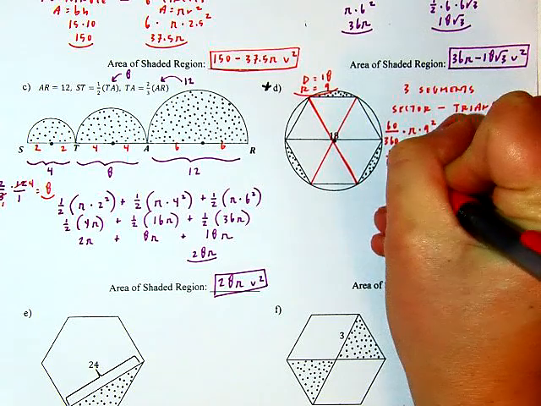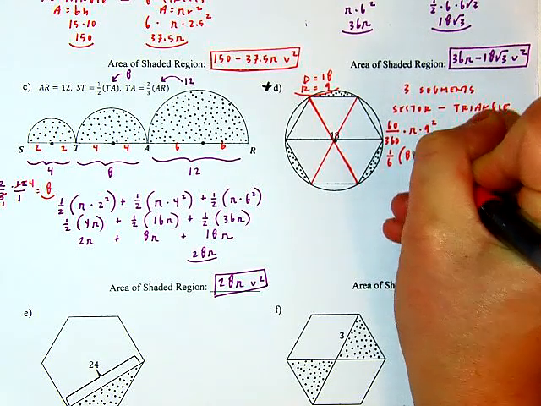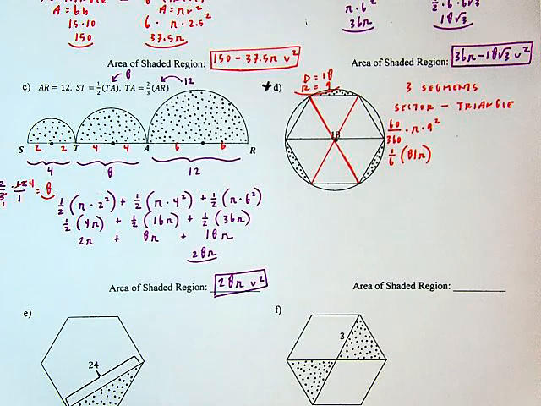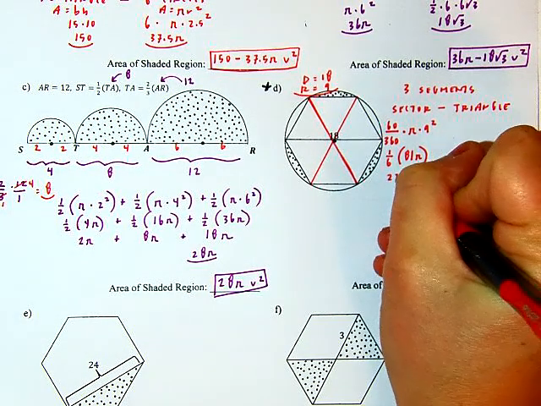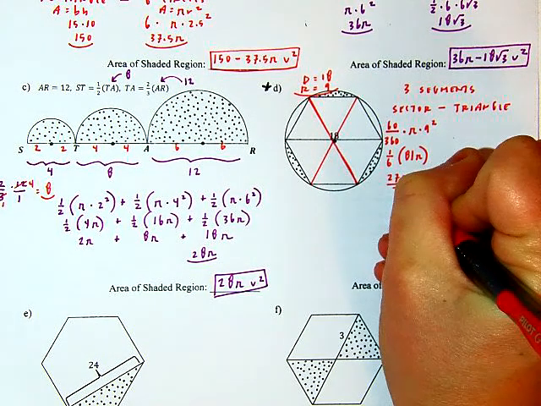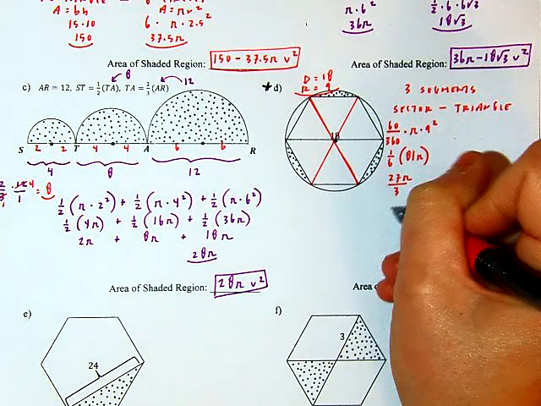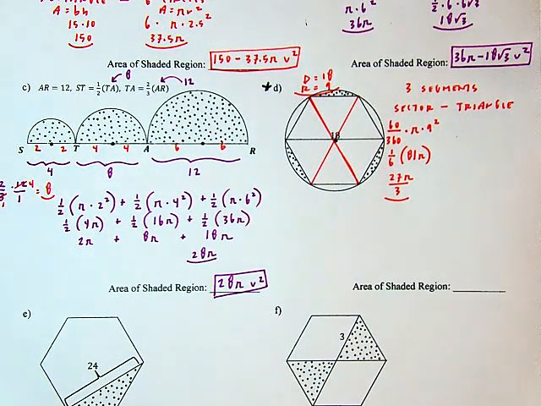So I want 1/6 of 81 pi. If I reduce that down, that would be 27 pi over 2. Okay, so that's my sector. I'm kind of done there, right? There's nothing else I can do to simplify that.